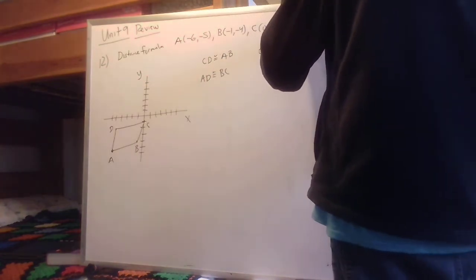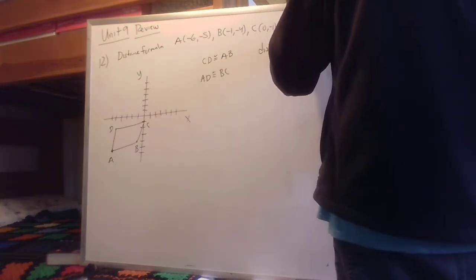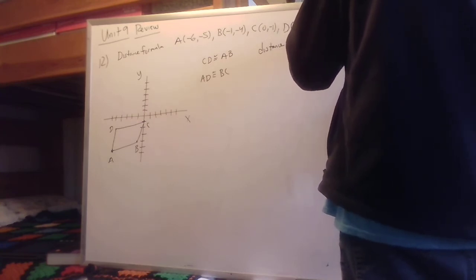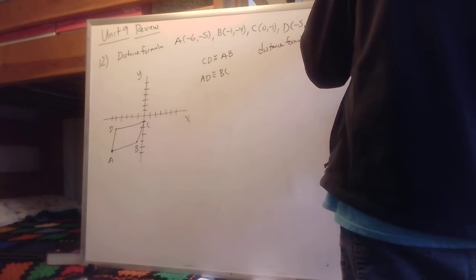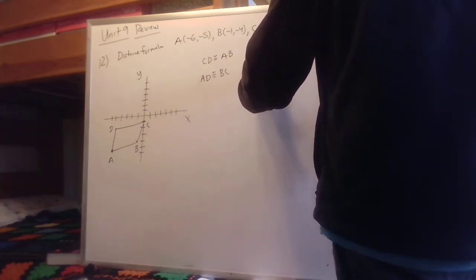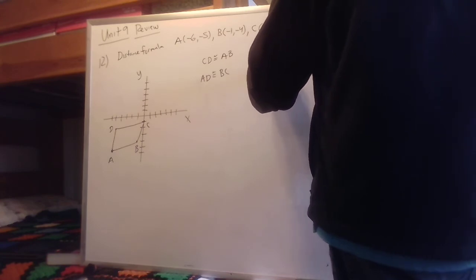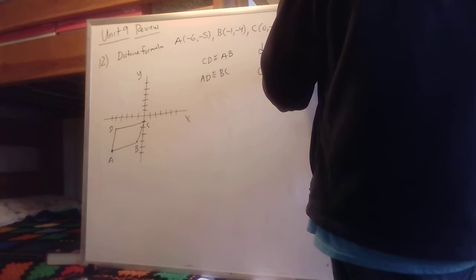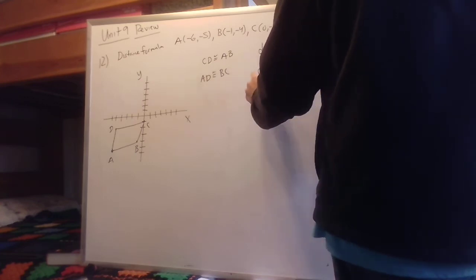And that is the square root of x2 minus x1 squared plus y2 minus y1 squared. And for CD, we know that we have a point at 0, -1, and D is at -5, -2.